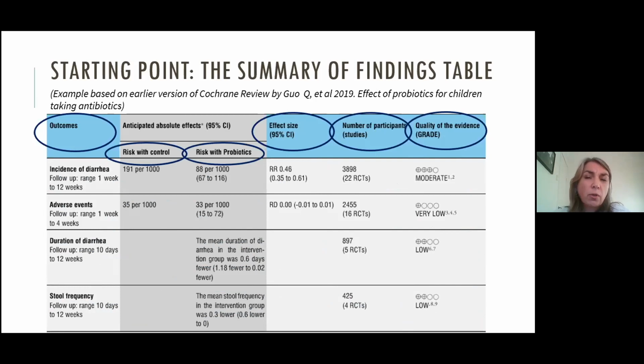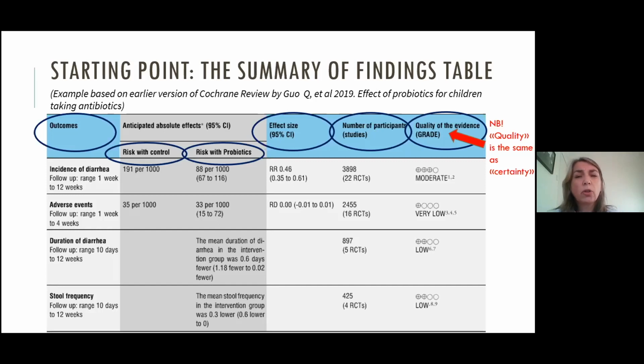And just to confuse you, quality is the same as certainty of the evidence. I don't know if Karsten mentioned that's changed, but you'll see both terms used, but they are the same: quality of the evidence or certainty of the evidence.